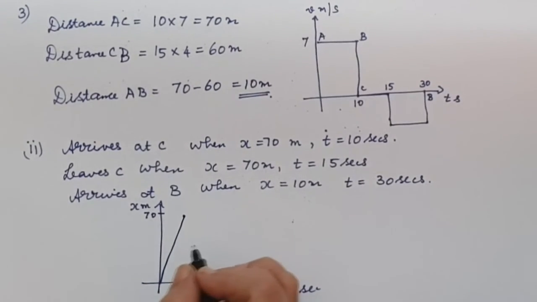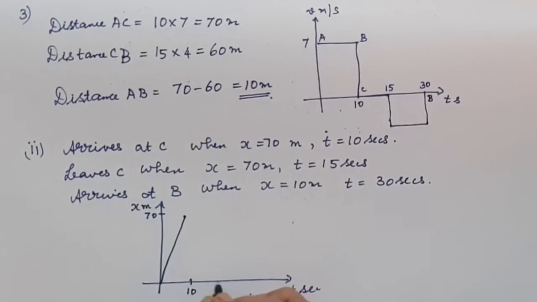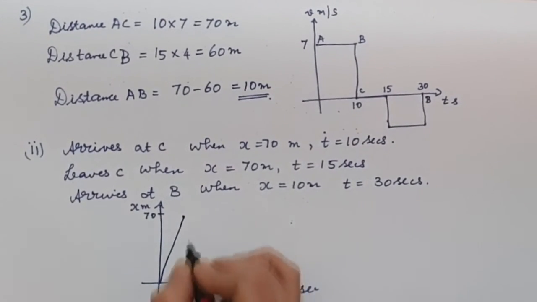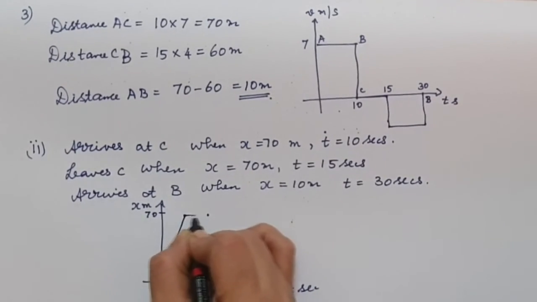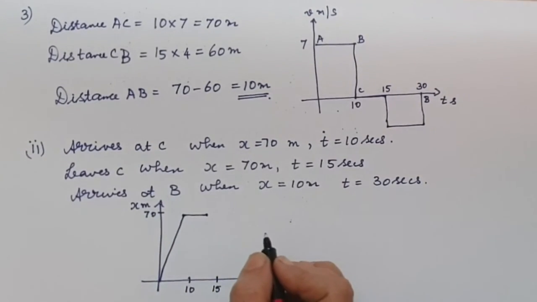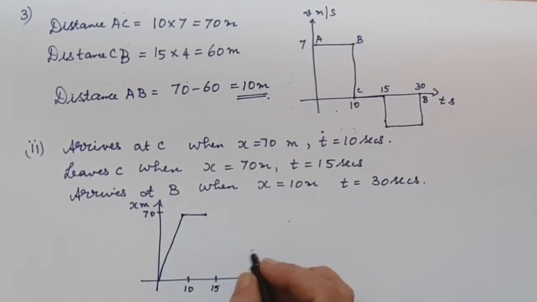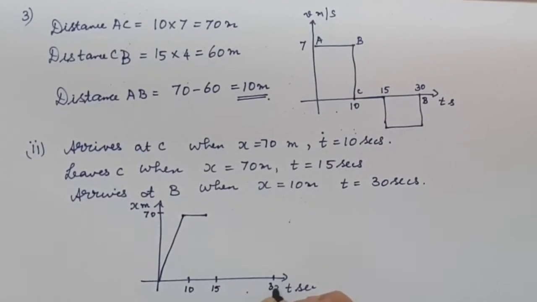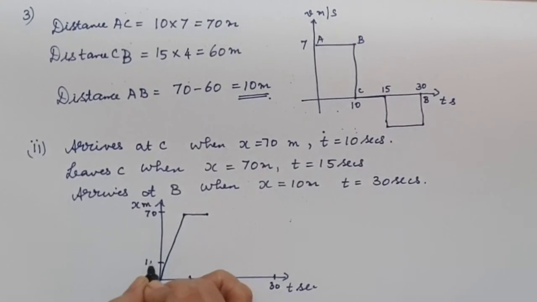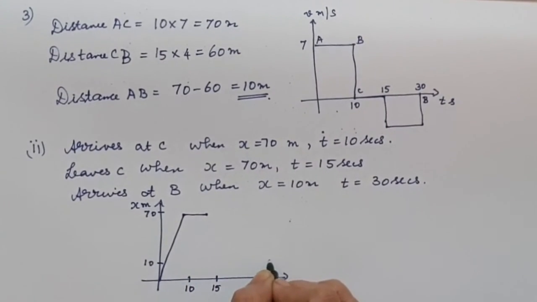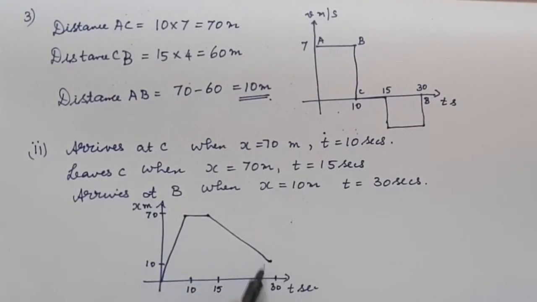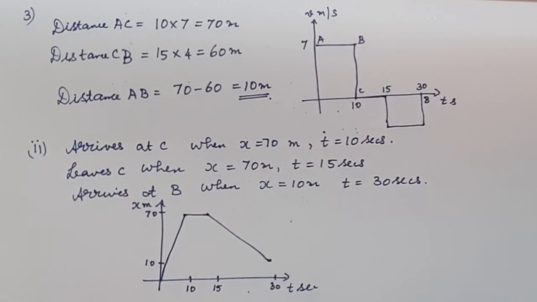Then he is at rest for 5 seconds, so up to 15 the distance is not changing. And then when it is 30 seconds, he will be at a distance of 10 meters. So he'll reach here. Thank you.